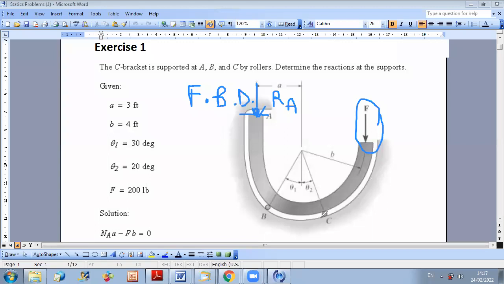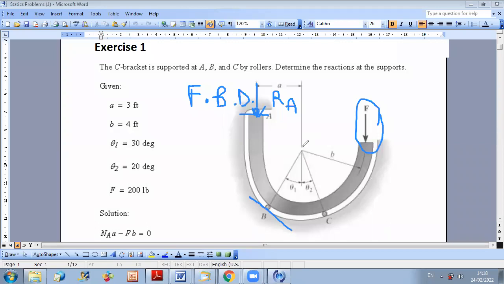For points B and C, it's a little bit more challenging because the contact line is not horizontal or vertical. So you can see here that part BC belongs to a circle. And you know that for a circular contact, the normal is perpendicular to the tangent line, so it is along the radius.